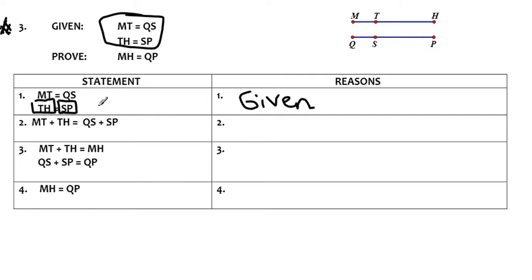And the addition property, so let's say that TH was 5 and SP was 5. The addition property says we can add the same thing to both sides of the equation. Even though the TH doesn't look to be the same as SP, it is, because we said up here that they were equal. So because we said they are the same thing, we are in fact adding the same thing to both sides of the equal sign.